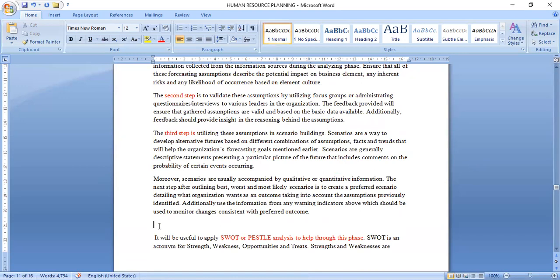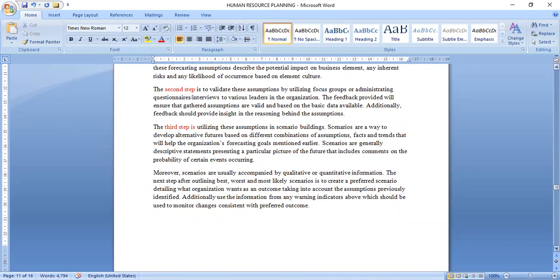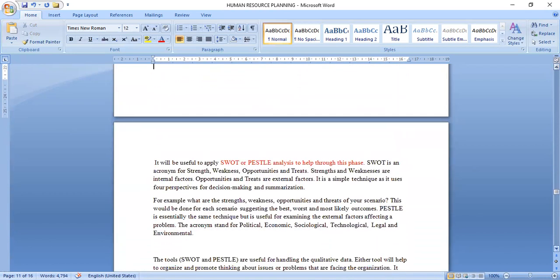The SWOT analysis is an acronym that stands for strength, weakness, opportunity, and threat.